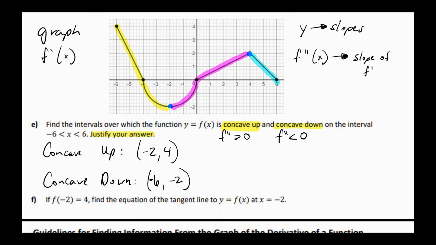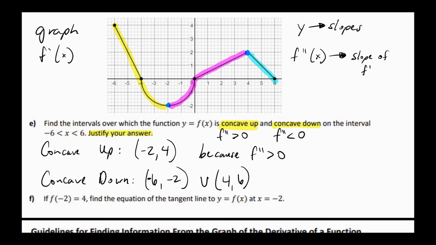And then the last part, that blue aqua color at the end, is it doing what the yellow was doing, or is it doing what the pink is doing? It's following the yellow's pattern, right? It's going downhill. So that one is concave down. Or 4 to 6. Okay, there's my answer. Let me include my justification here. Because f prime is positive, because f double prime is negative.